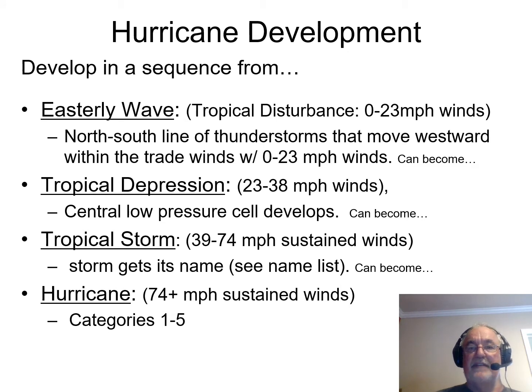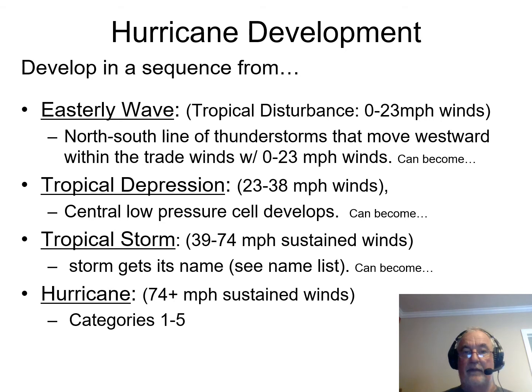The sequence is from an easterly wave, winds under 23 miles per hour. If those winds exceed 23 miles an hour, we now change the name to a tropical depression. A tropical depression will typically get a number so we can identify it as it continues its march from east to west across the tropical ocean, in this case the Atlantic. If it stays over warm water, it will continue to grow and continue to spin.